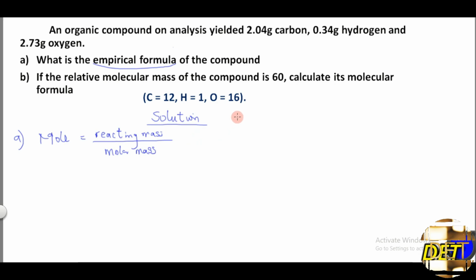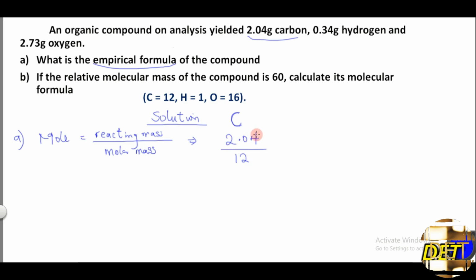So we're going to look for the number of moles of carbon in this compound. Since mole is equal to reacting mass over molar mass, the reacting mass of carbon is 2.04 grams, over the molar mass of carbon, which is 12.